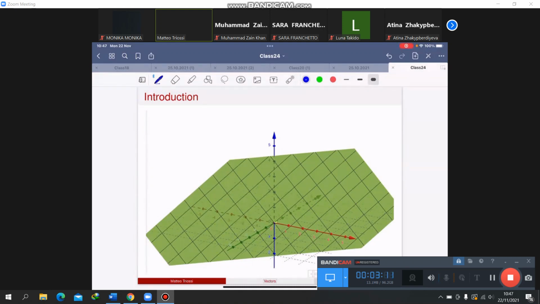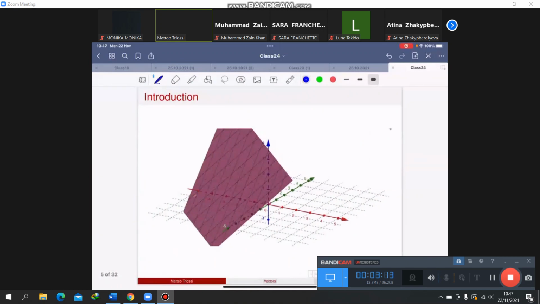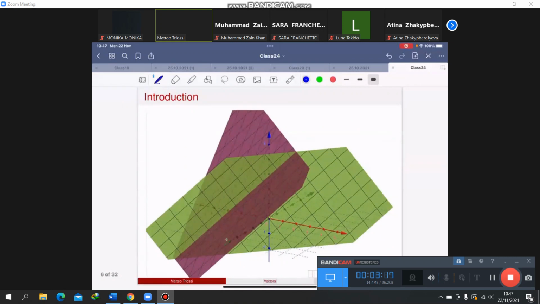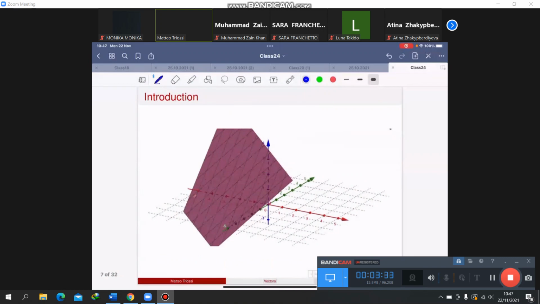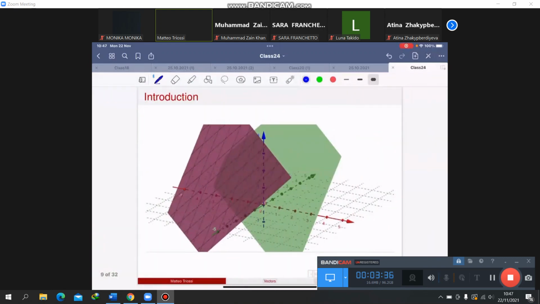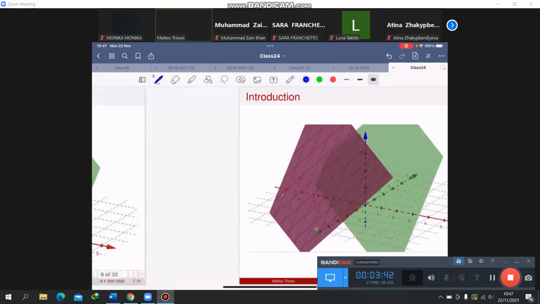You take another plane, and you're trying to see whether they intersect, for instance, or whether they don't intersect, whether they're parallel.